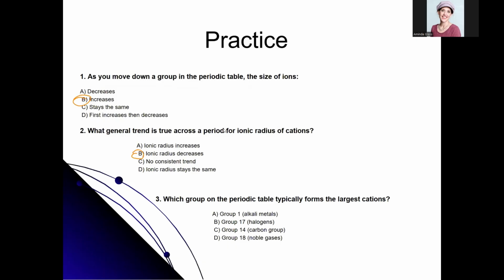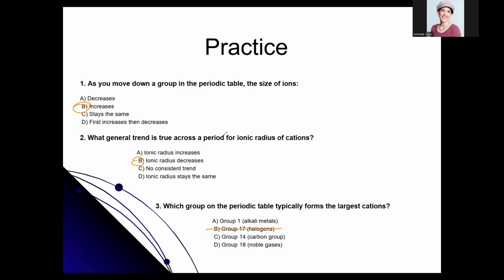Which group on the periodic table typically forms the largest cations? Is it group 1, group 17, group 14, or group 18? Well, we could look at this. If you said, well, I'm not sure, well, we know group 17 gains, so it doesn't make cations. Group 14 don't typically make charges at all, make ions.